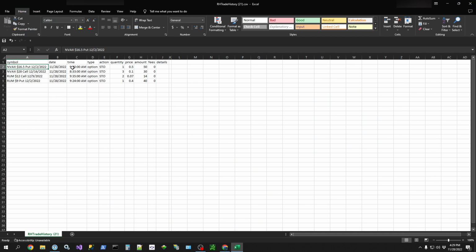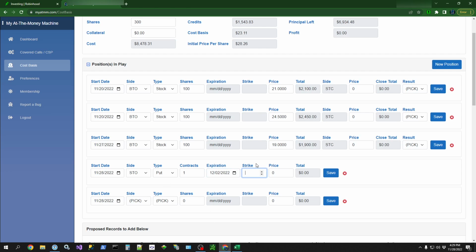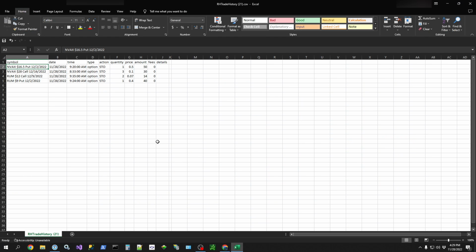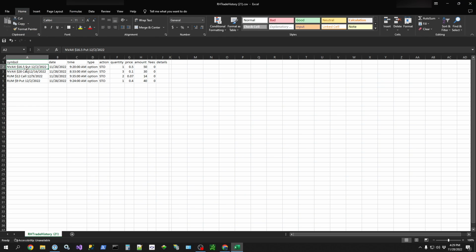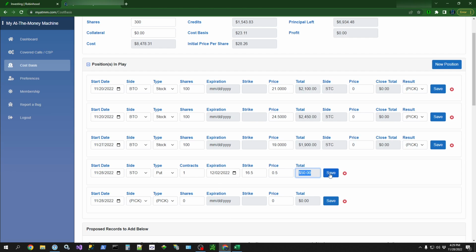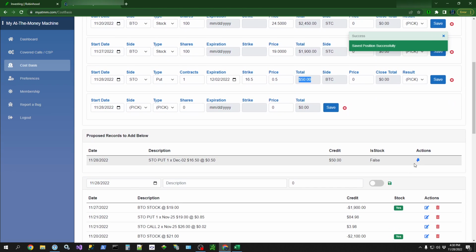December 2nd, 16.50 put for 50 cents. Okay, 0.5, that's 50 bucks. Just double-checking, 16.50 put 12/2. Yep, we're good there. So let's move that one down and save it.